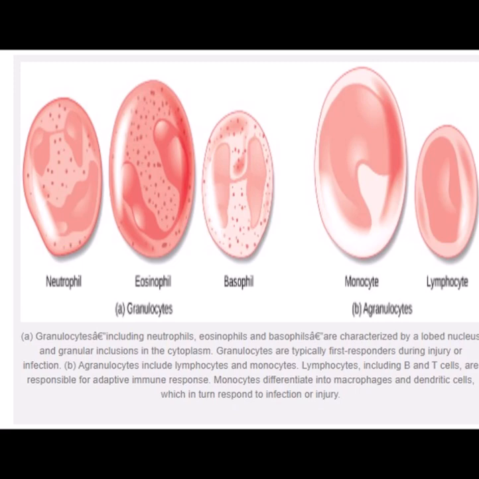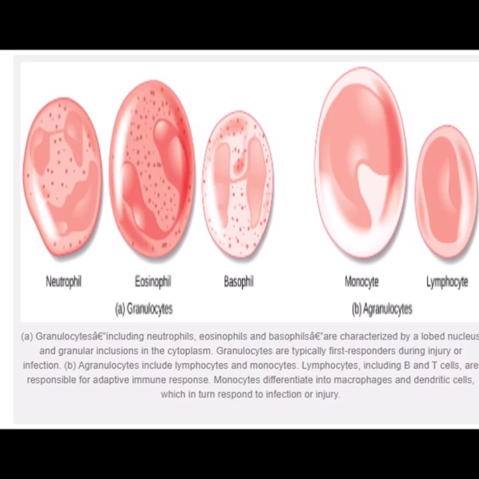White blood cells are formed continually. Some only live for hours or days, but some live for years. The morphology of white blood cells differs significantly from red blood cells. They have nuclei and do not contain hemoglobin.